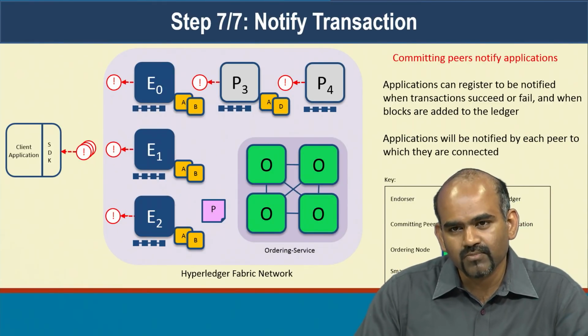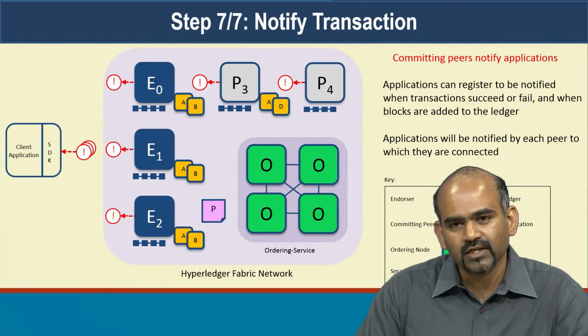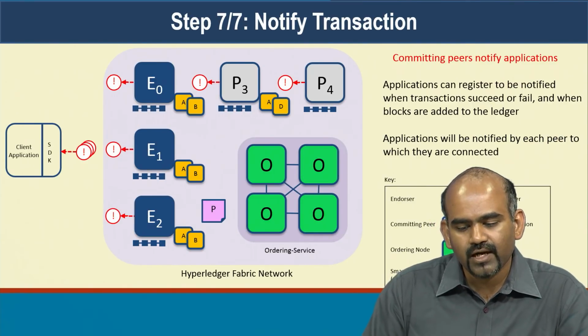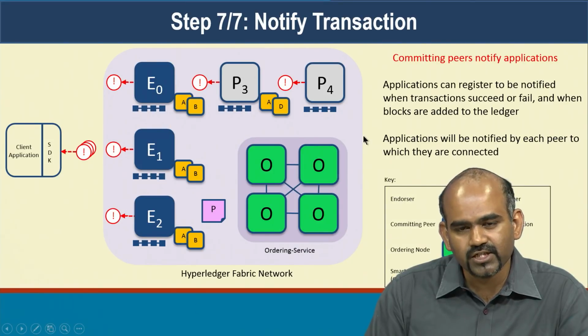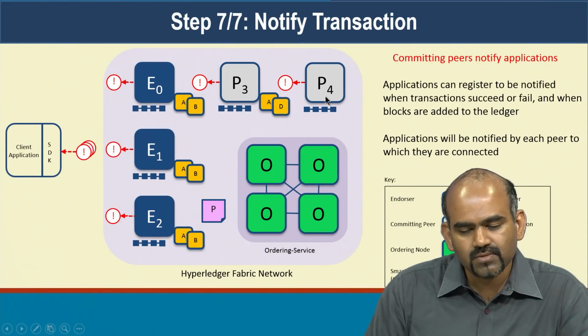So that business information can be embedded in an event. Those are called chain code events, and those are also part of the block and emitted along with the block events and the transaction events. So that forms the notification part of the whole transaction flow. And these notifications are on a per peer basis. So it's possible that P4 is emitting events and the same events will be emitted by P3 as well.